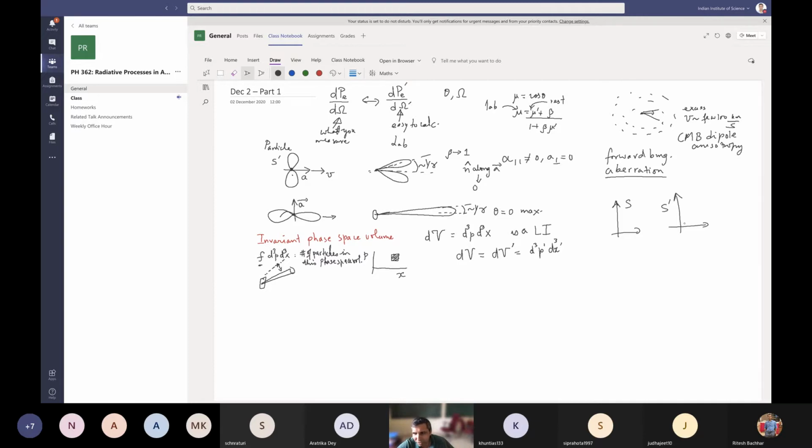You have some spread of particles, some going in this direction, some in that direction, so there is a little spread of particle velocities, but the average velocity is 0. In S prime there is no bulk velocity of particles, but this frame is moving with some velocity v.